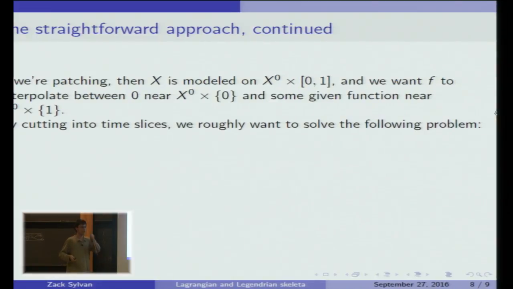So if we cut this into time slices, this breaks into a problem about Liouville domains and Lagrangian skeleta. The problem I'm going to state is not exactly what you get by breaking into time slices, but if you can solve the one I give, you can probably solve the real problem and vice versa. I think the techniques involved in these 2 problems are very similar.